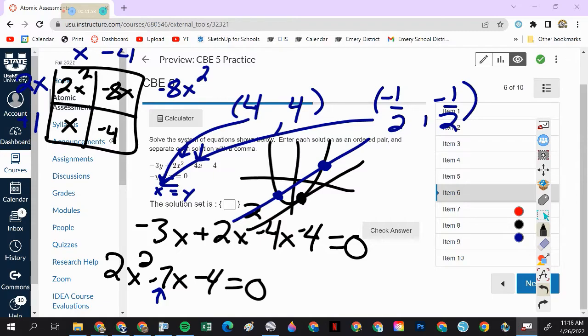If you ended up with a quadratic that doesn't factor and you plug it into the quadratic formula and you get i's. So if this doesn't work, then you need to use the quadratic formula. If the quadratic formula generates an i, that means that the two graphs do not meet. Okay.